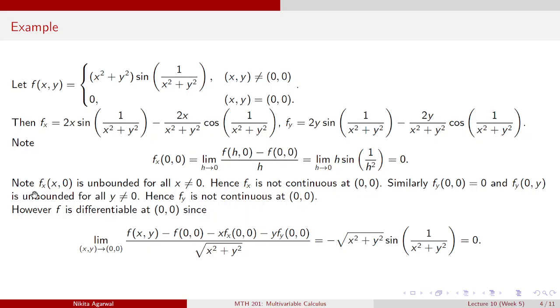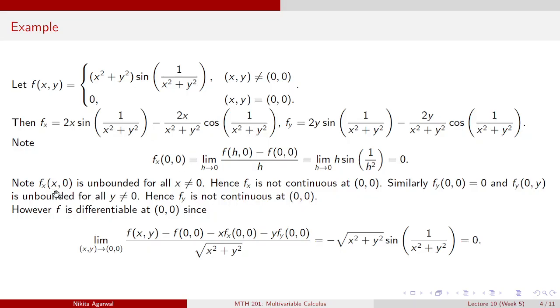So if you look at fx(x,0), which is where this definition works, if you put y equal to 0, the first term is okay, but the second term is actually unbounded. So there is a problem here.